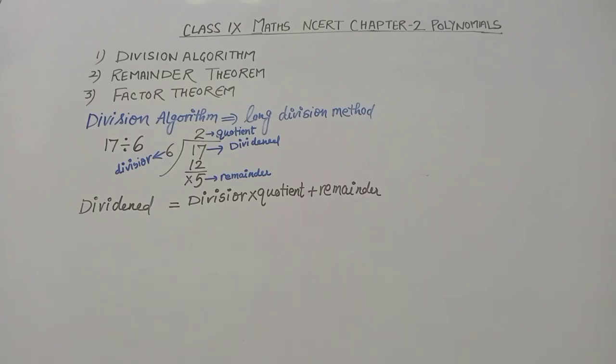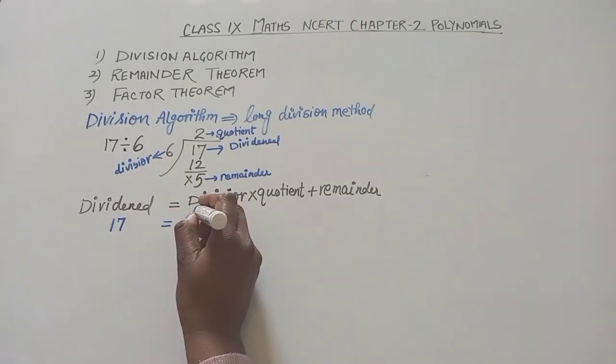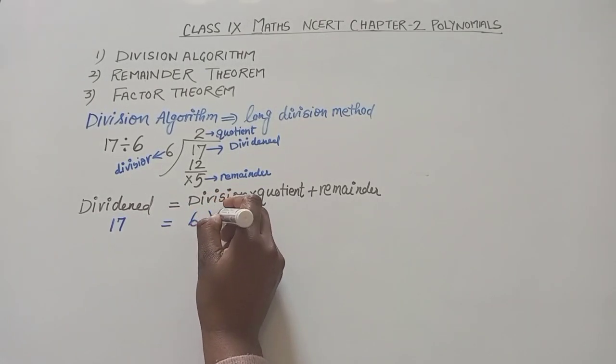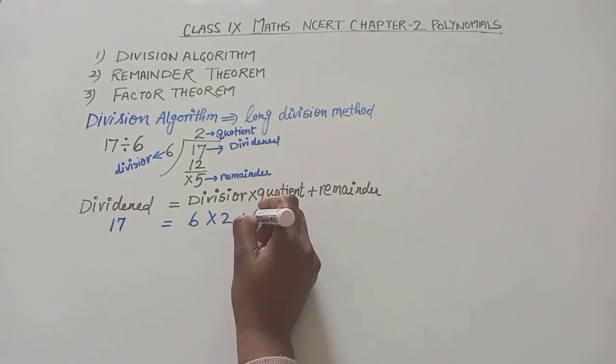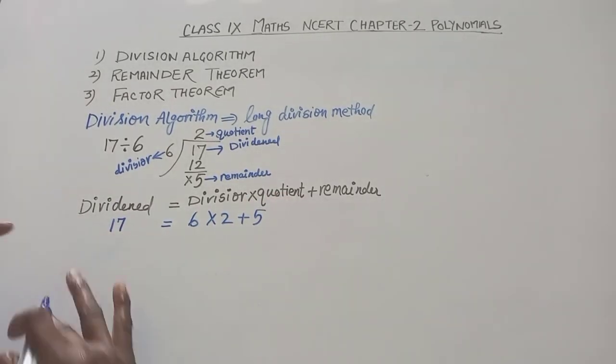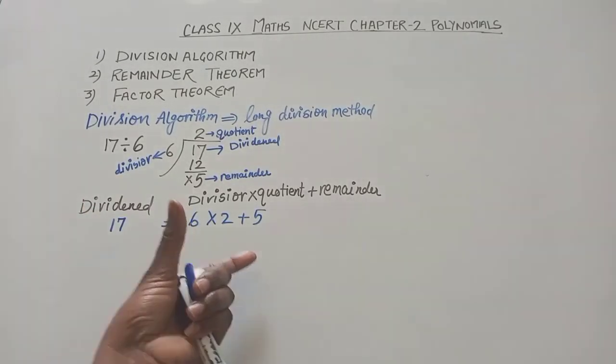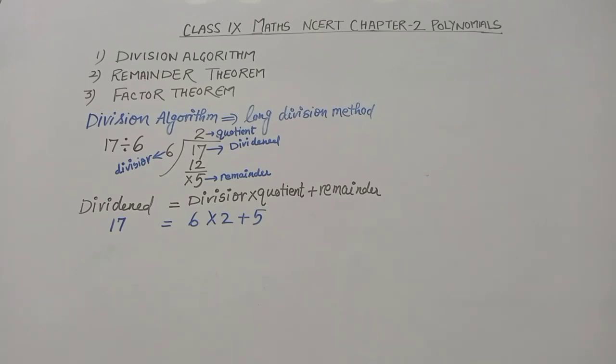So dividend is 17, divisor is 6, quotient is 2, and remainder is 5. It is verified: 6 twos are 12, 12 plus 5 is 17. So dividend is equal to divisor into quotient plus remainder. This is called division algorithm.